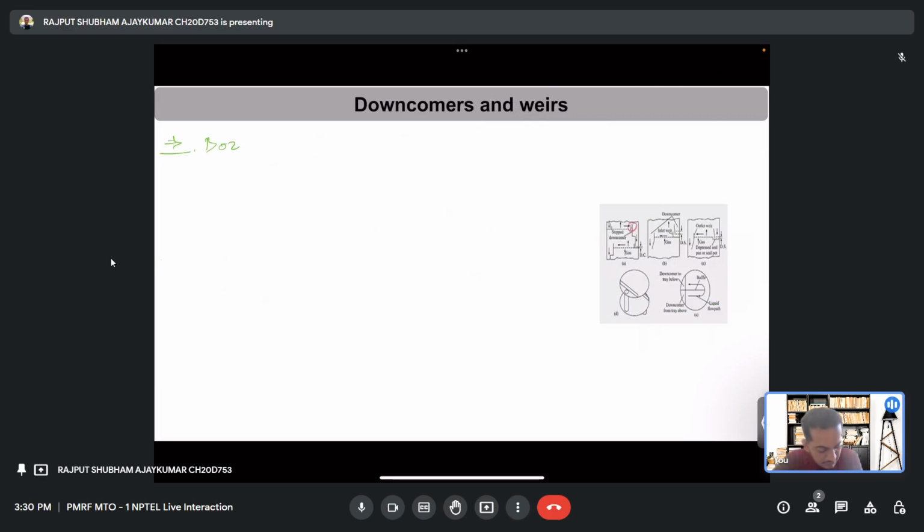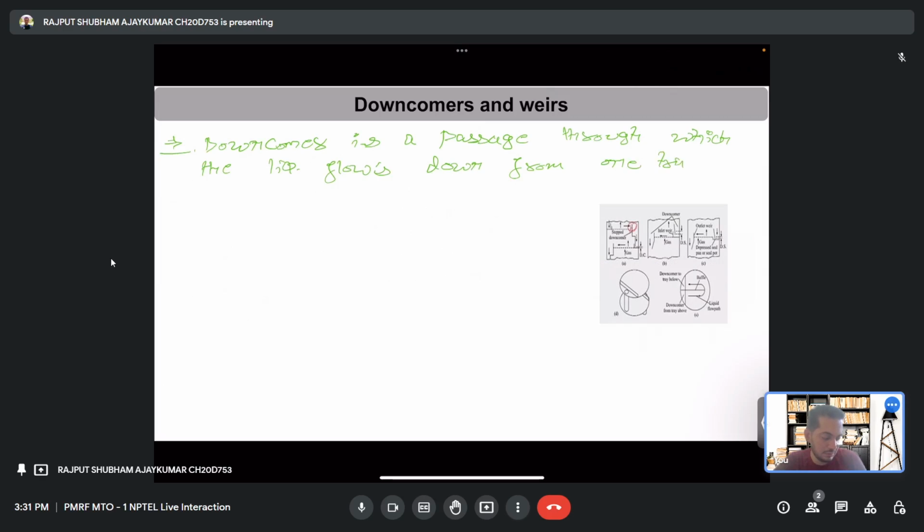It can be considered as a passage through which the liquid flows from one tray to another, or liquid flows down from one tray to another.